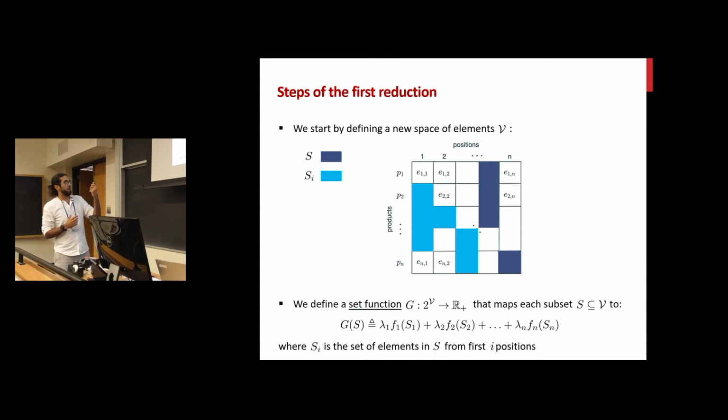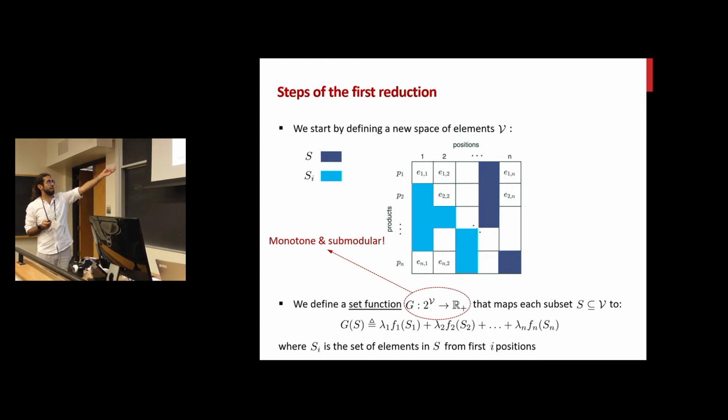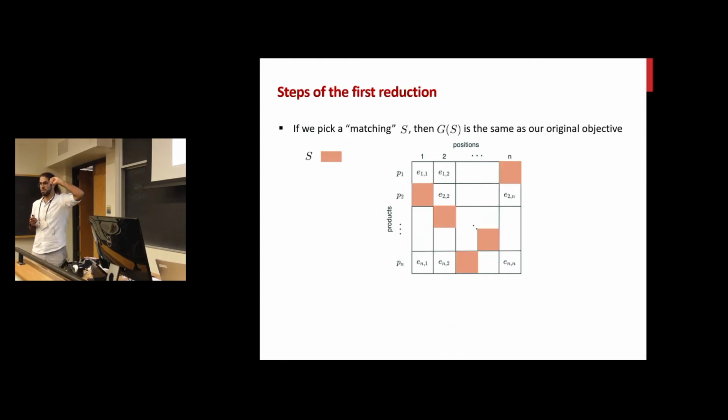And as it turns out, this function is monotone, and it is submodular. So far, it is good news. Now you start thinking how it is related to the previous problem. So if I can identify a set that maximizes g of S, and at the same time, it's a perfect matching, meaning that each product is in exactly one position, then you are done. So you have solved your problem.